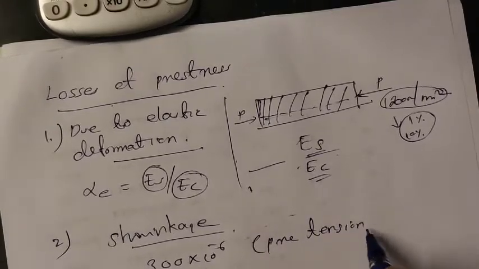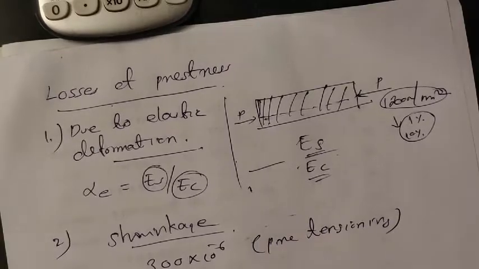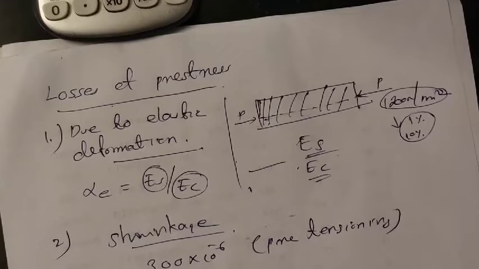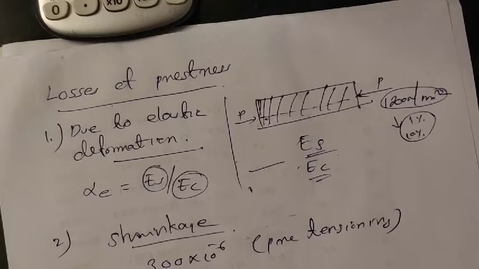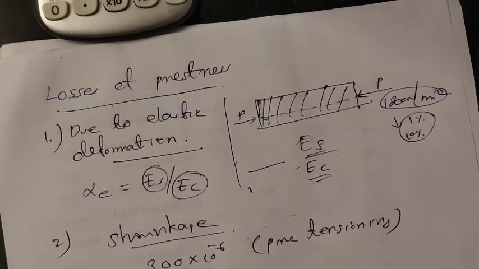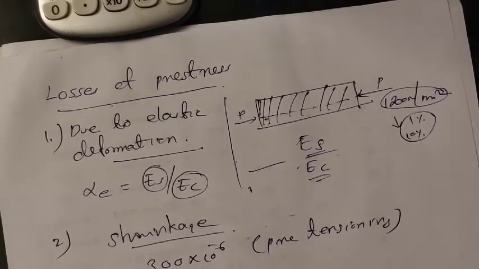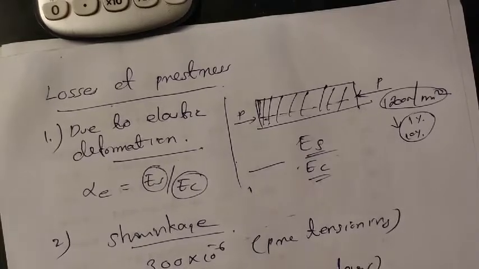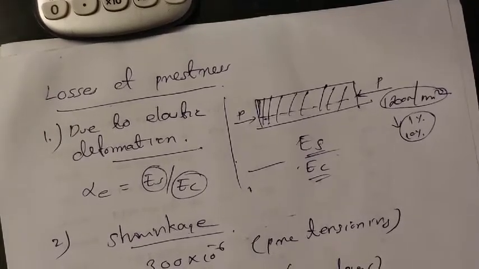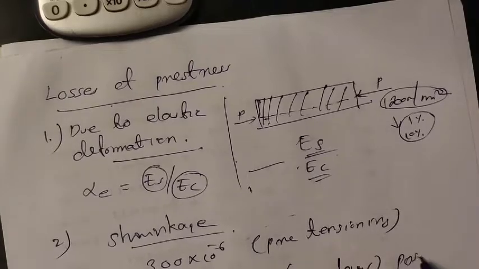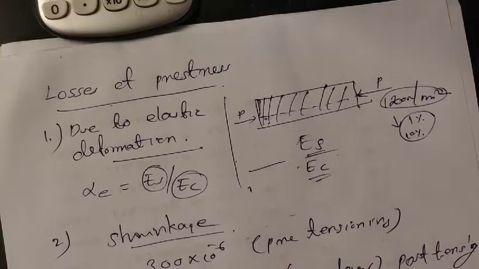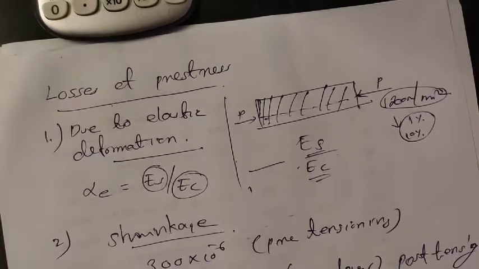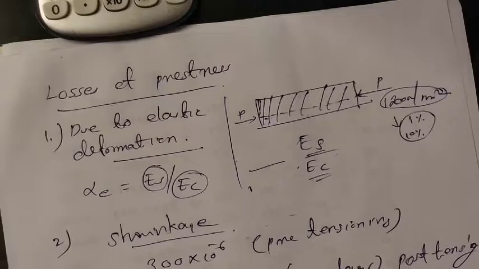We already discussed what pre-tensioning is. In the case of post-tensioning, the value is 200 into 10 power minus 6 divided by log10 of t plus 2, where t is the time or age of concrete in days, say 28 days. This is for post-tensioning, so we have two equations for shrinkage.